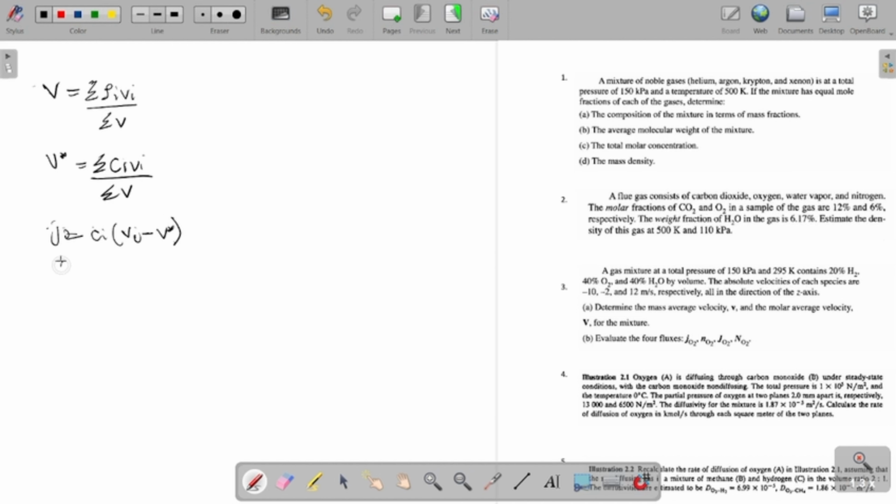And for the big one, sorry, this is the mass, so it becomes this one without any star, just this one. Then the big one becomes Ci times Vi minus V star.